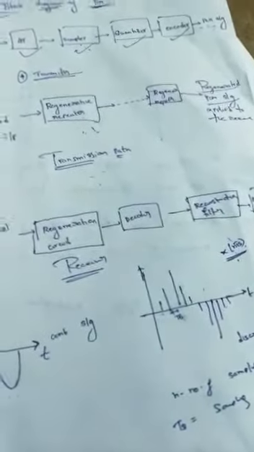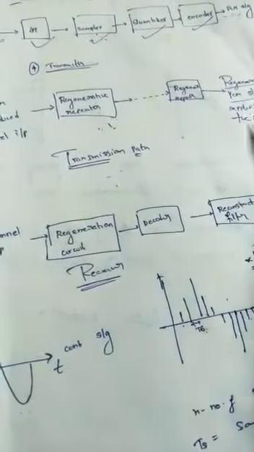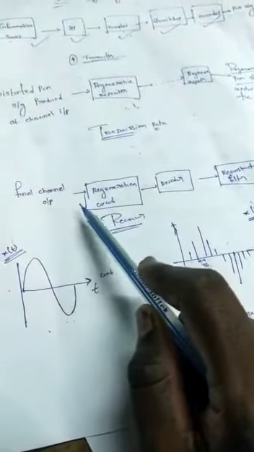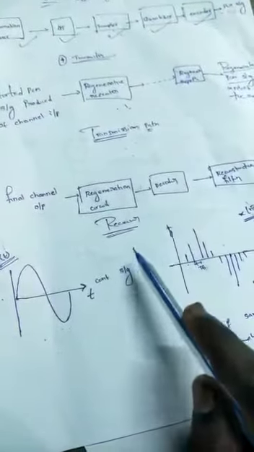After that, we get a clean PCM, not having any noise. Why? Because I am using regenerative repeaters, which amplify the signal, and we get a clean PCM. Then this clean PCM signal is applied to the receiver circuit. In the receiver circuit, the reverse operation is done.